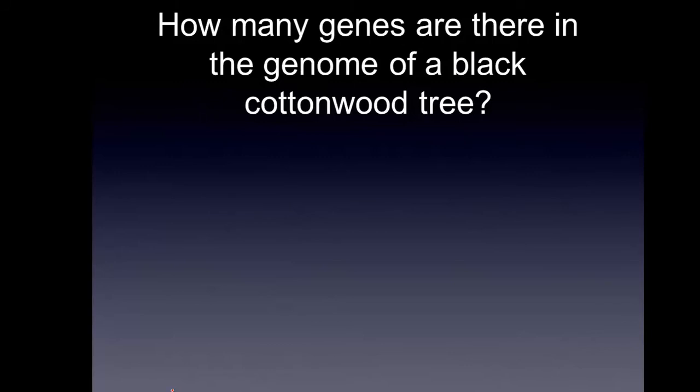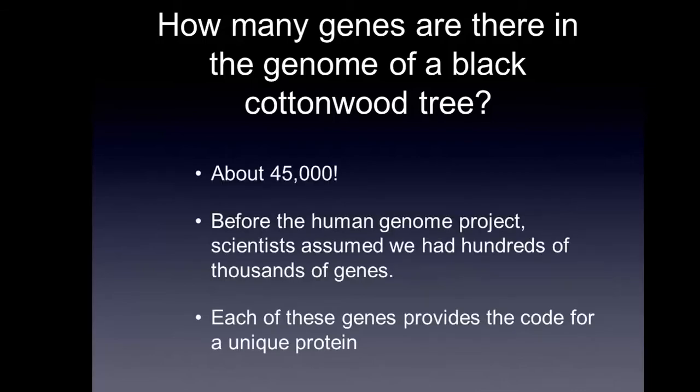Compare that with the number of genes in a black cottonwood tree. Now you might think there'd be a lot less because it's a tree, and surely we're more complex than a tree. But there's about 45,000 genes in a cottonwood tree.